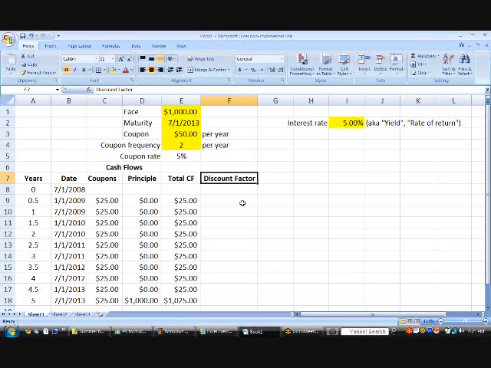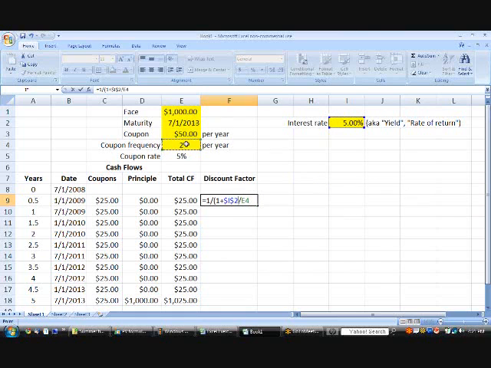So for the first cash flow here, it's going to be 1 over the quantity 1 plus the interest rate divided by coupon frequency, and then that is going to be raised to the coupon frequency times the amount of time that's elapsed.